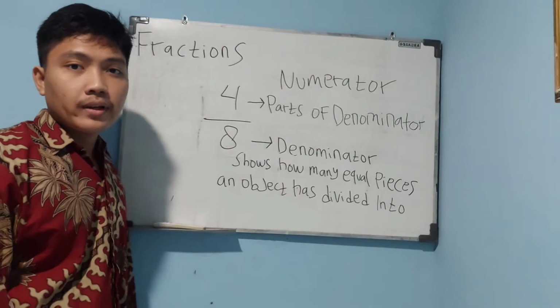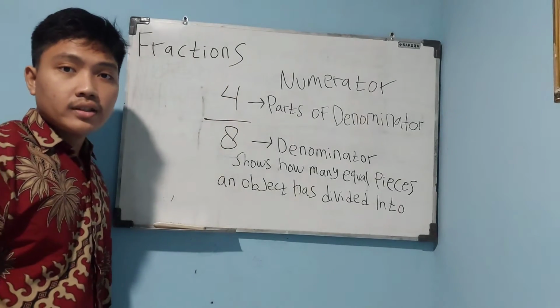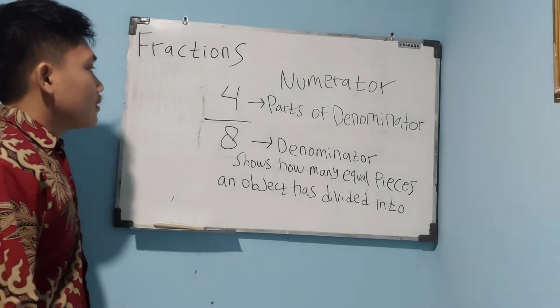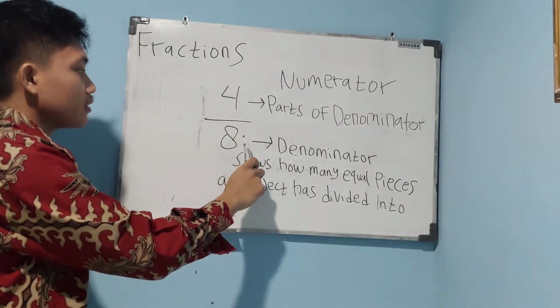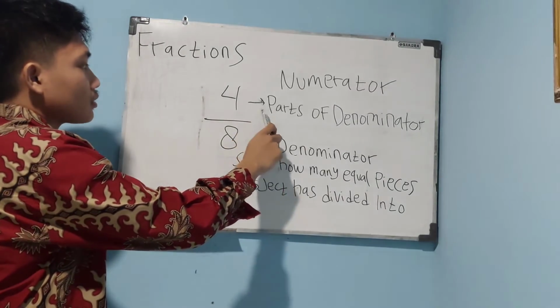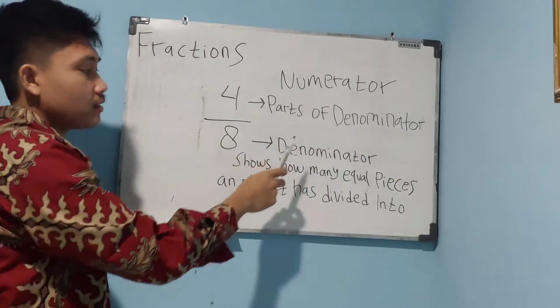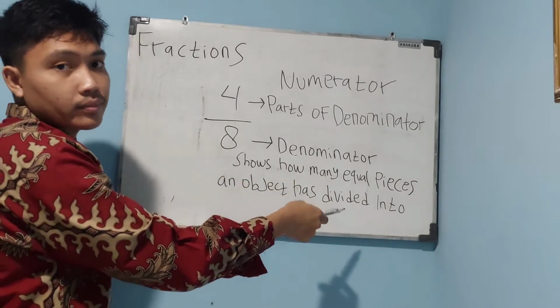Okay, next topic is about fractions. In fractions you can find numbers like this. There are two numbers, top and bottom. The top is called the numerator and the bottom is called the denominator.